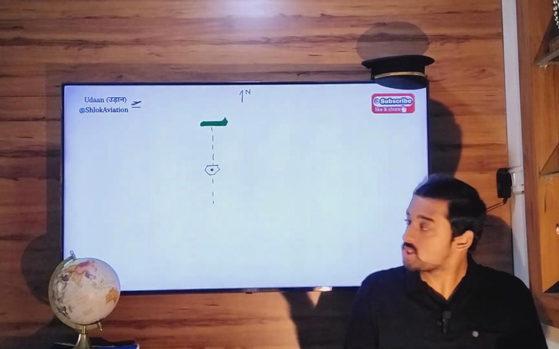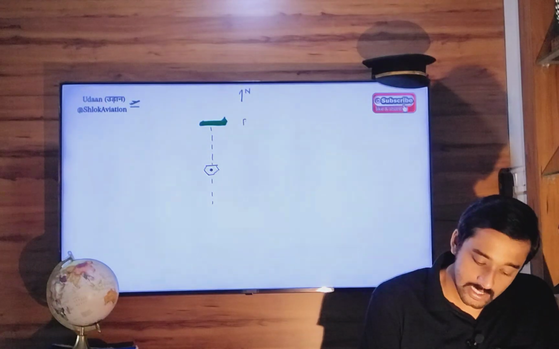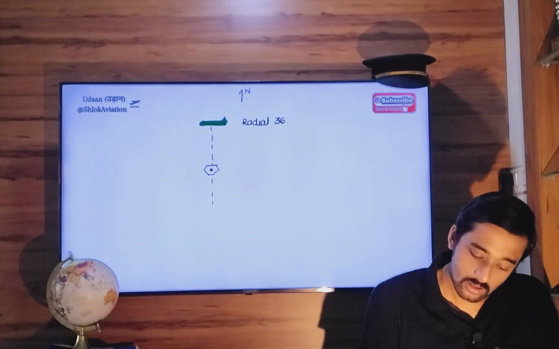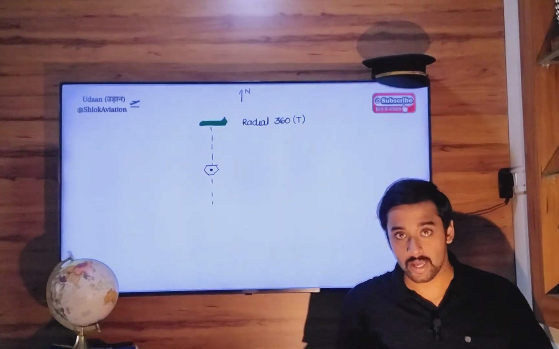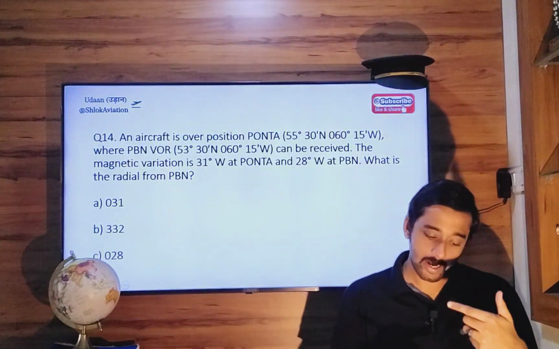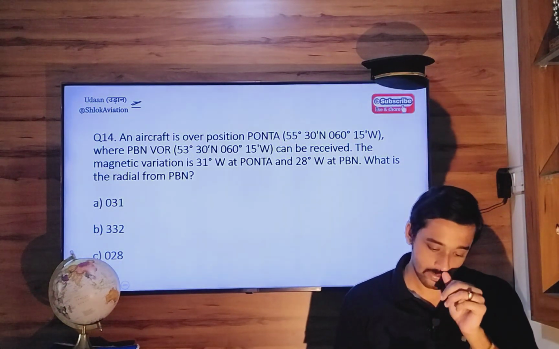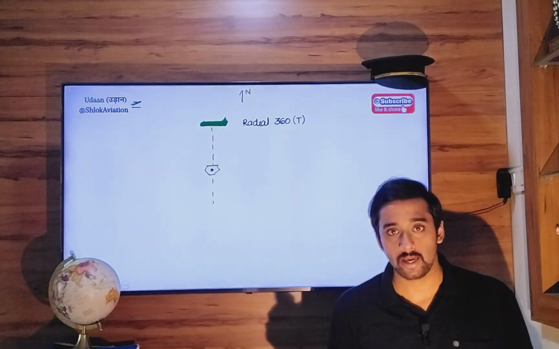So if this is your VOR station and aircraft is directly to the north of it, that means we can say aircraft is situated on radial 360 true. But all VOR radials are magnetic in direction, correct? So we will have to convert this true direction into corresponding magnetic.